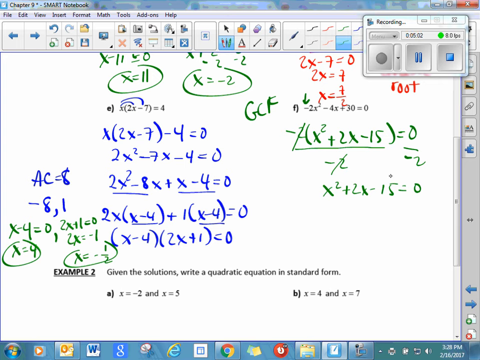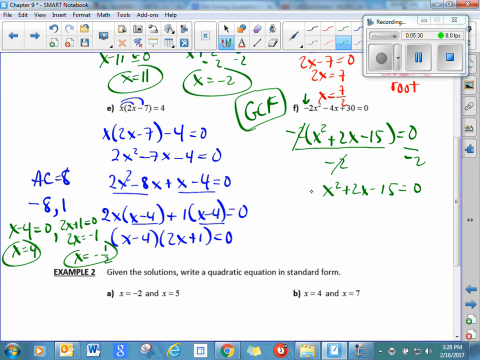There's a couple different ways to do this, but we are always looking for the GCF when we're factoring. So if you notice that there's a 2, a 4, and a 30, and 2 comes out of all of them, you pull out the negative 2, then divide by negative 2, and you're set up with an easier problem to solve. So once we do that, for my AC, I'm looking for factors of negative 15 that add to positive 2.